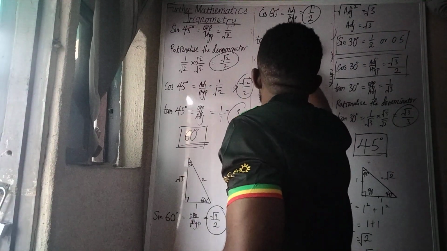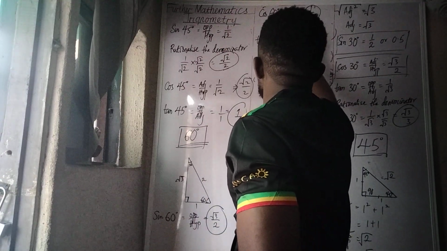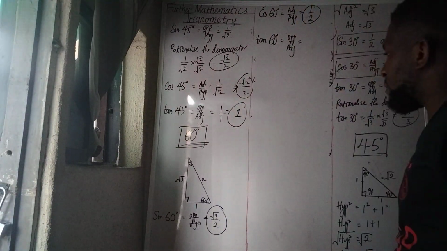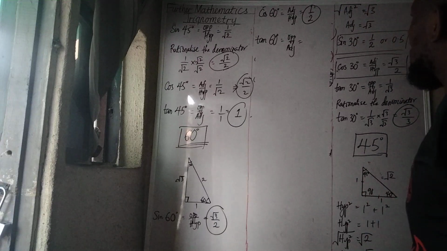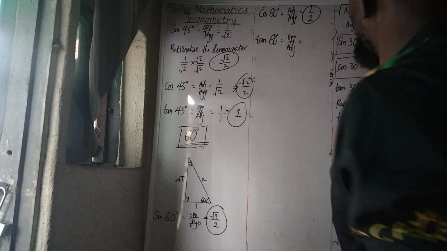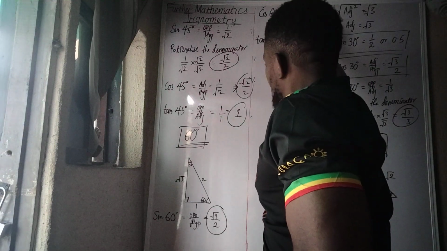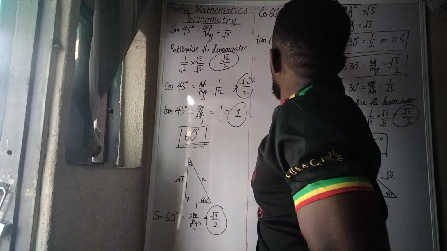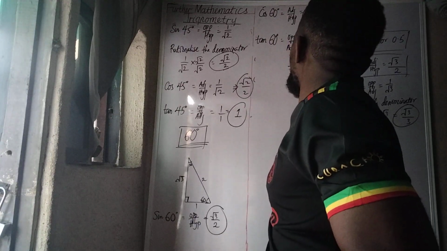Tan 60 degrees is opposite over adjacent. The opposite that we have here is root 3 over 1, which is actually root 3.